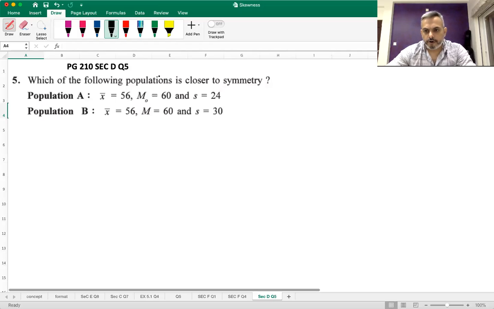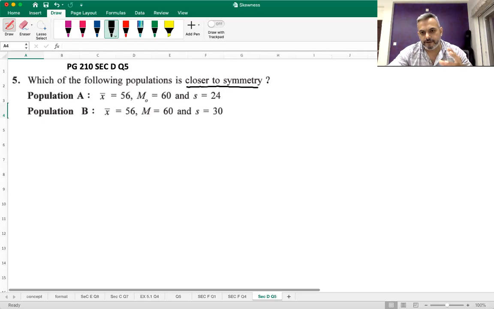Now, this is an important sum, and here we are going to compare. Which of the following population is closer to symmetry? Closer to symmetry means what? Symmetry is no skewness. And what is skewness? Lack of symmetry is skewness.